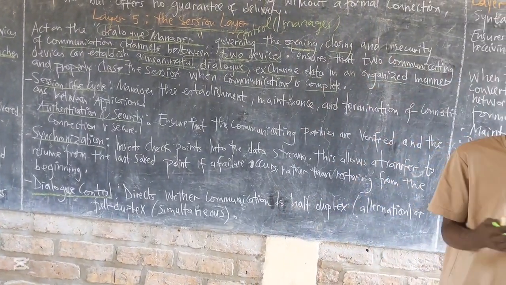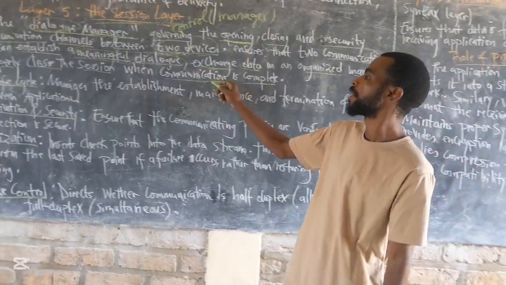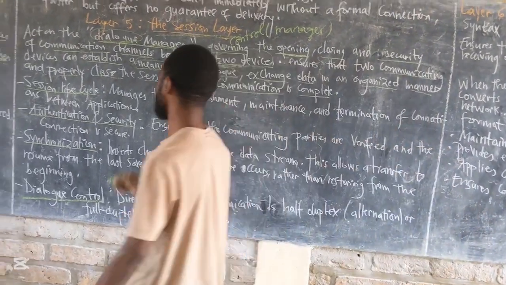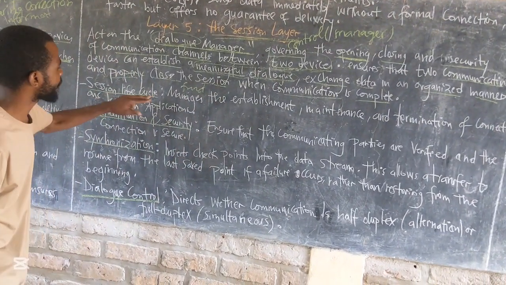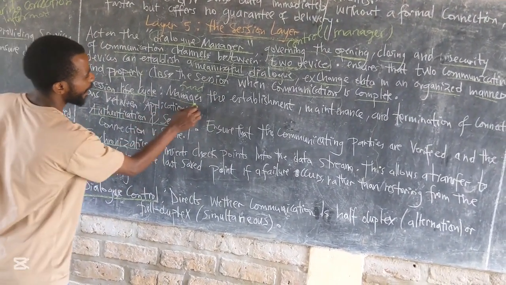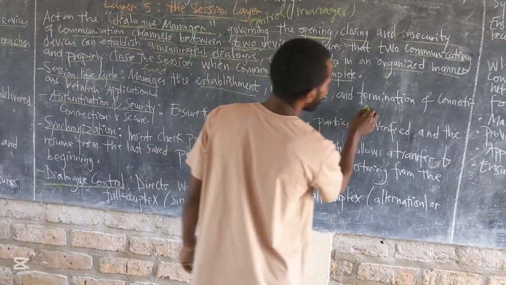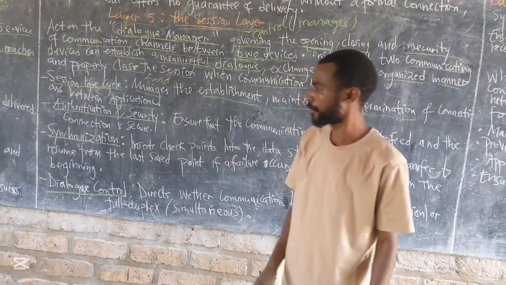And how can we close this communication when the communication is completed? Now we have the functions of this layer. Session life cycle: manage the establishment, maintenance, and termination of connection between applications.